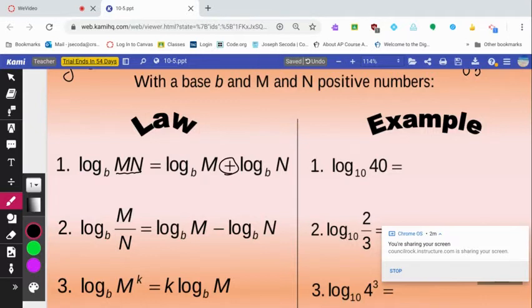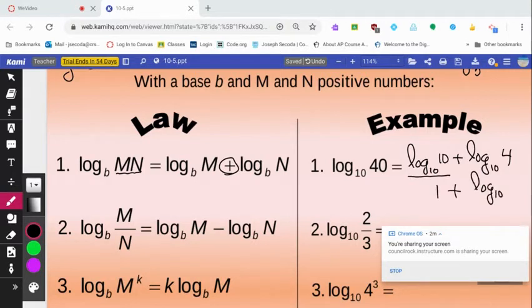So log base 10 of 40 equals log base 10 of 10 plus log base 10 of 4. And then from what we did earlier, we know log base 10 of 10 is 1 plus log base 10 of 4. Now, log base 10 of 4, we'd have to go look up in a chart. We're going to eventually use our calculator to help us with that.